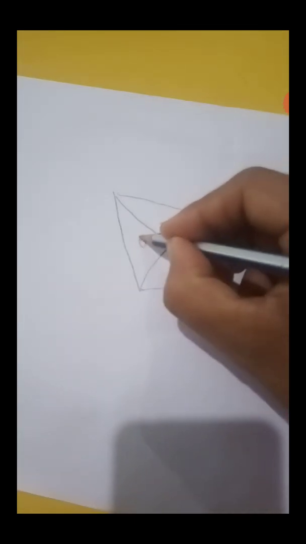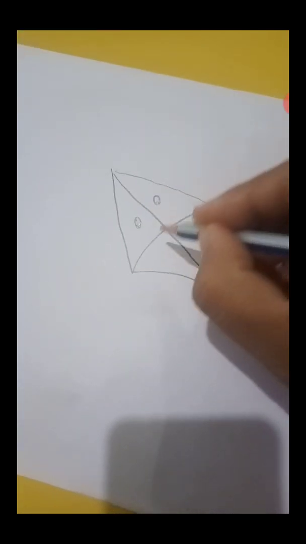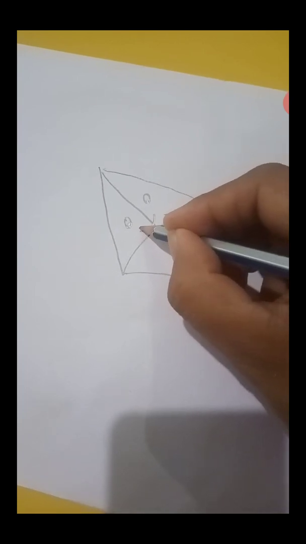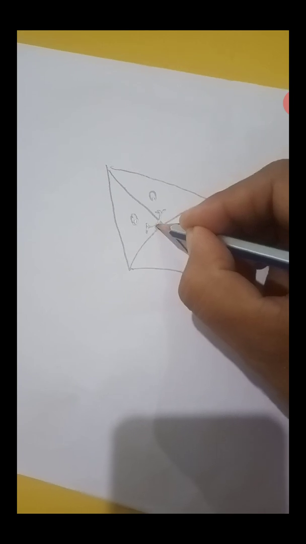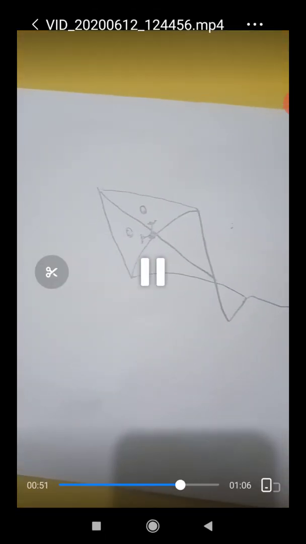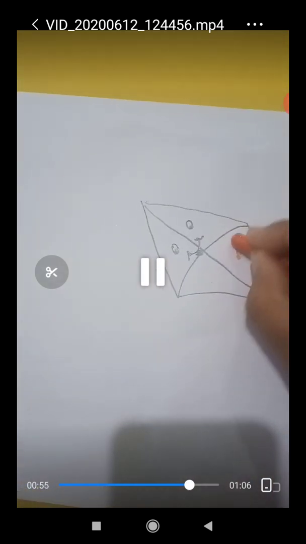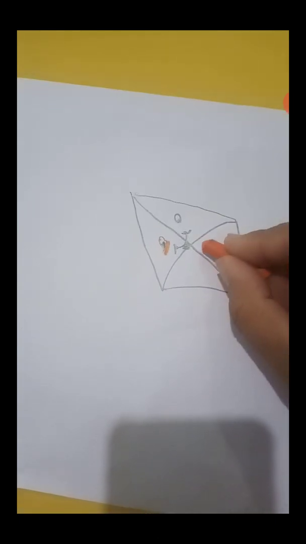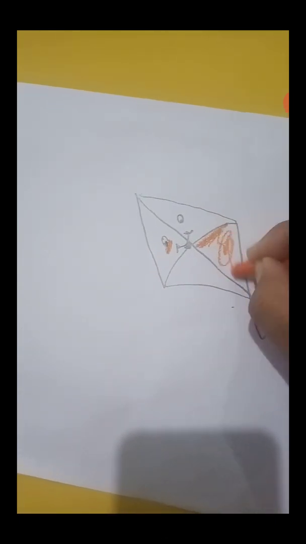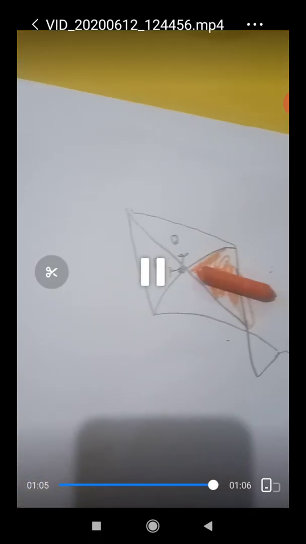Make thread also. You make a face. And color it with crayons. Color this picture with any color which you like most.